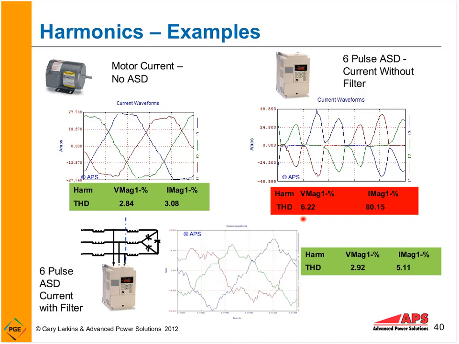Now over here, I've put in a filter in the circuit with a 6-pulse adjustable speed drive. And again, there's other technologies here that could be used. But I've brought my current distortion down to 5%. Although you see a little jaggedness here, it still looks much closer to this than this does. And it's brought my voltage down to under 3%. So by implementing the proper installation, I can avoid the issues.